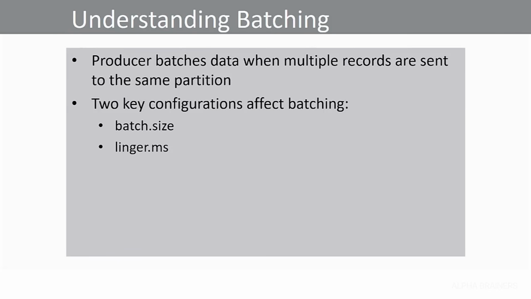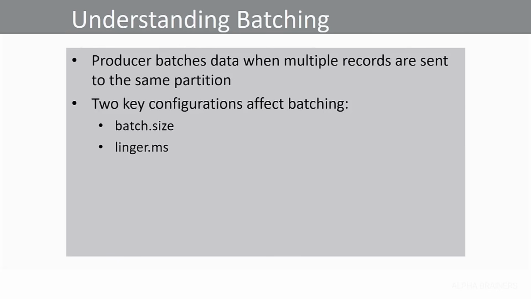If we reach the batch size limit, it just sends off the batch and that's all there is to it. But what if it starts collecting things in this batch and we never get to that maximum size, or it takes a long time to get there? Maybe it takes 5 minutes, and that's too long for us. So we also have linger.ms.